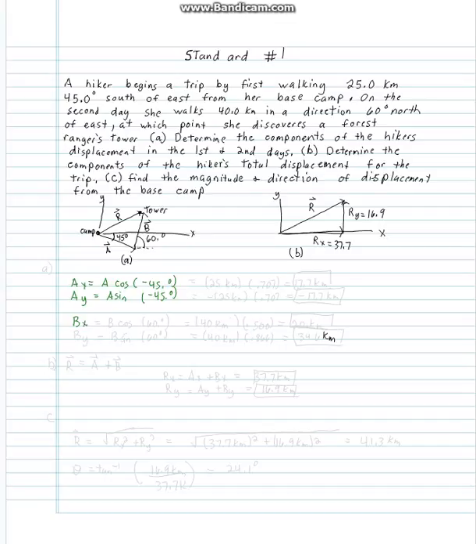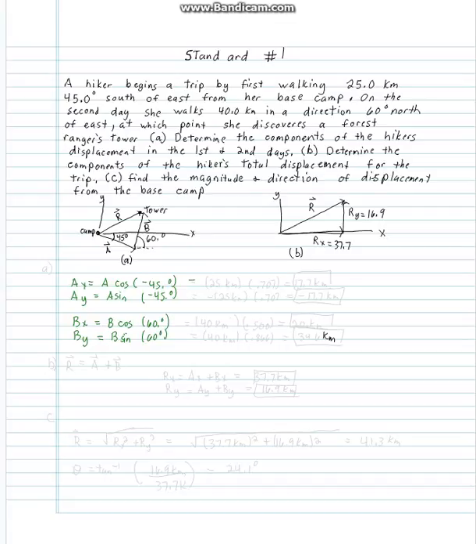B in the x direction is equal to B cosine of 60 degrees. And B of y is equal to B sine of 60 degrees.